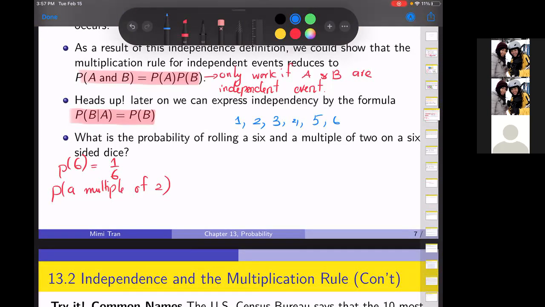Yeah, 2, 4, and 6. Thank you, Fatima. So how many desired outcomes are there? 3, right? 3 out of 6, which is 1/2. So the probability of rolling a multiple of 2 will be 50%. Pretty good.